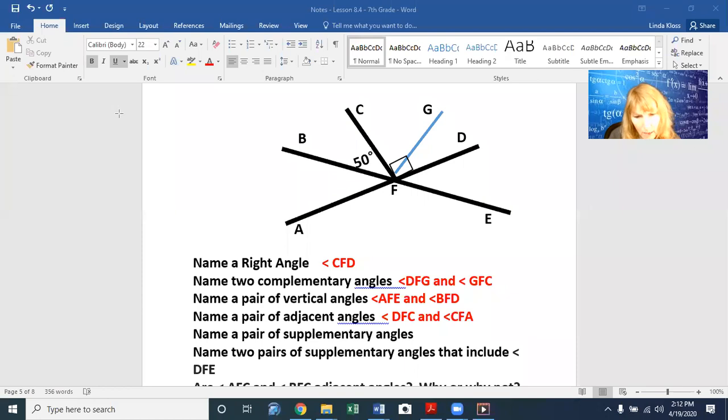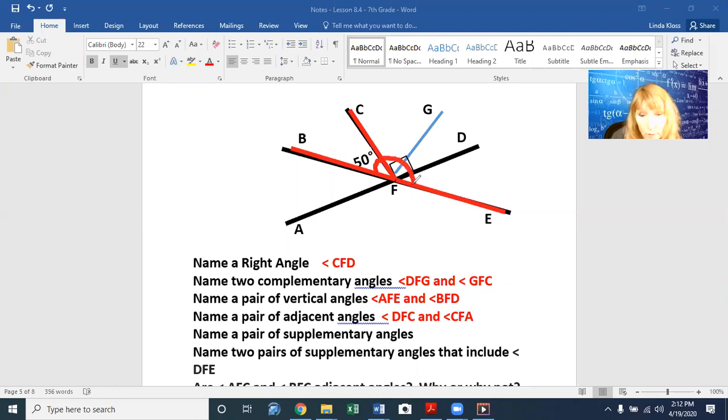Did you notice that angle BFC is adjacent to angle CFE? Look at that. This angle here is adjacent to this one, and when you add them up, you get 180 degrees.